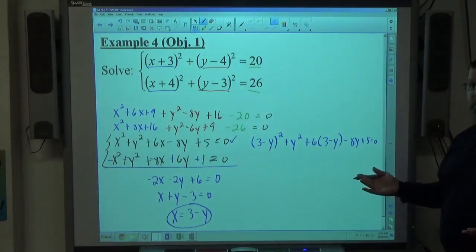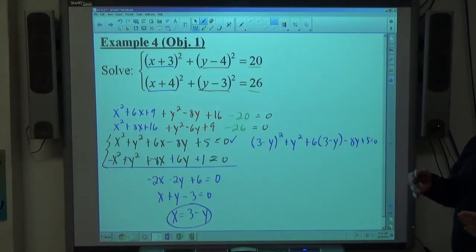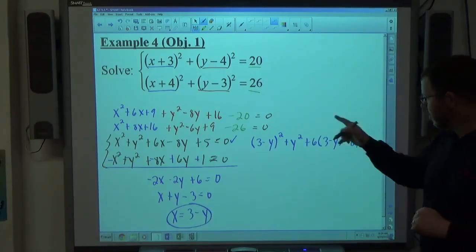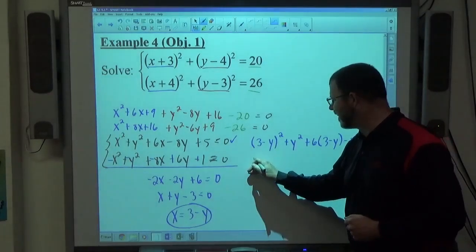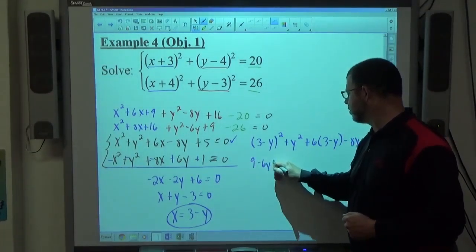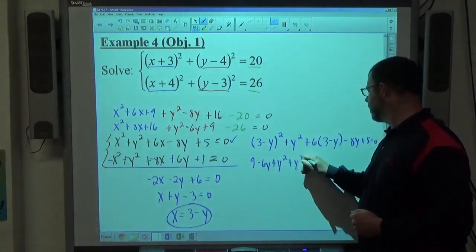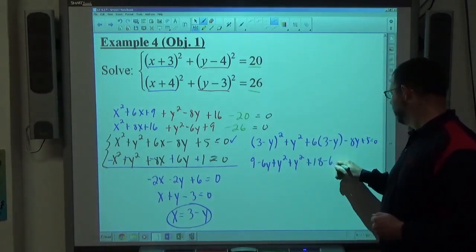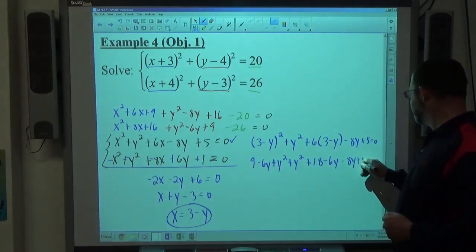I want to simplify this as much as possible, get down to quadratic equation form, do some factoring, all that good stuff. So (3 − y)² is 9 − 6y + y², plus the other y², plus 18 − 6y − 8y + 5 = 0.